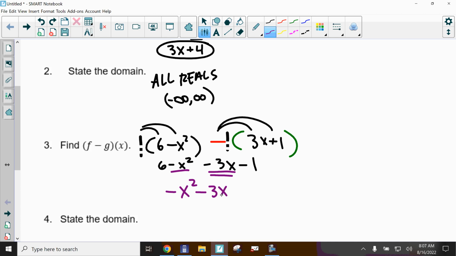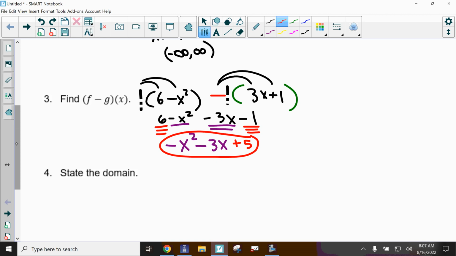And then finally, we're going to combine the 6 and the minus 1. So 6 minus 1 is positive 5. And then that's our final answer. State the domain again. If you want to just put all reals, that's okay. That means that the graph goes left forever and right forever. But if you want to write it the fancy way, it would be negative infinity to infinity.